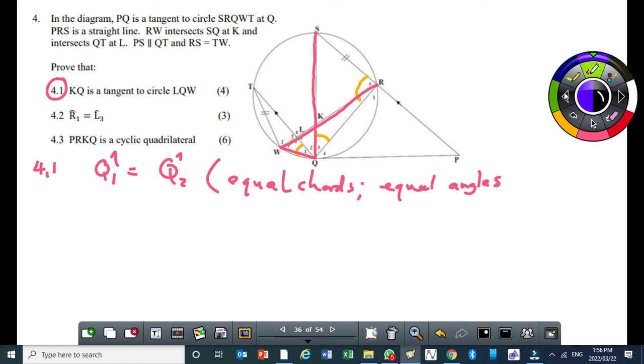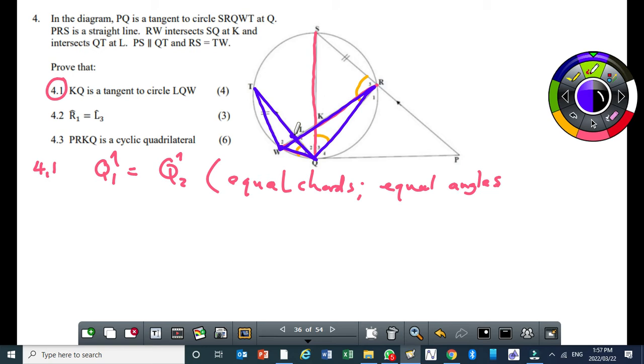Okay, let me use the blue pen. So this is also a butterfly. Let me draw it that way. This is a butterfly. Am I right to say that? That's also a butterfly. So what that means is that W1 is going to be equal to Q1.